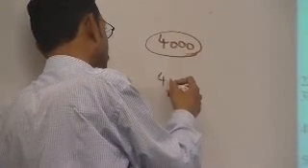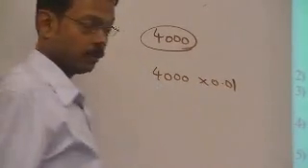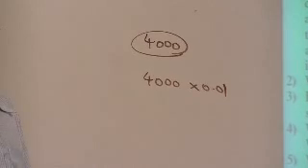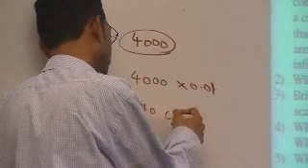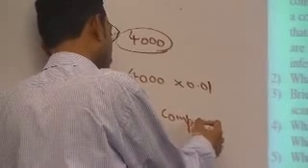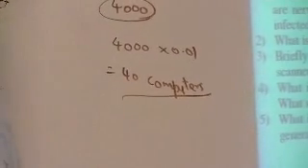So the virus can infect 1% of them basically. Which means among these 4,000 computers, 1% of them could be infected. So there are 40 computers that are really infected out there.